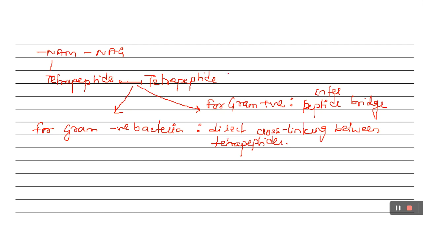Clear? So I draw here for both, how it looks in gram-positive bacteria and how it looks in gram-negative bacteria.